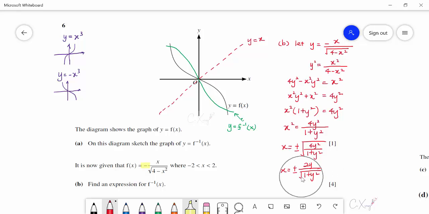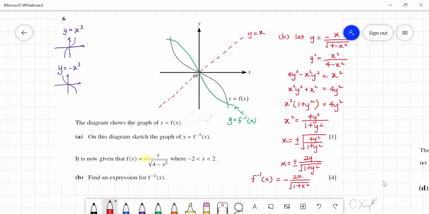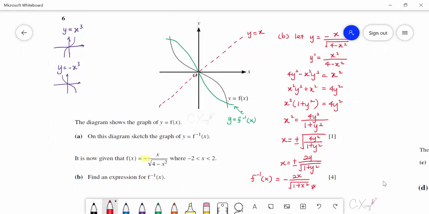The same thing happened for this one, so our inverse function is also in the second and the fourth quadrant. Therefore, to select the correct inverse function, I will choose the negative function, which is negative 2x divided by square root 1 plus x squared. Okay, so this is how we choose the correct inverse function for this question.